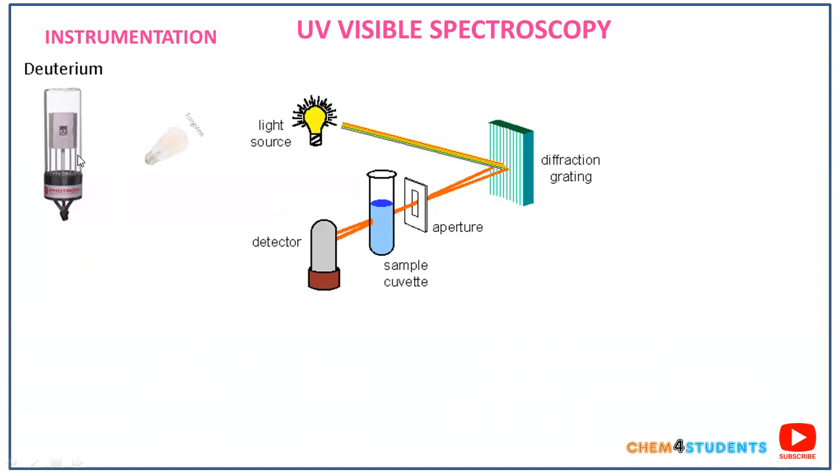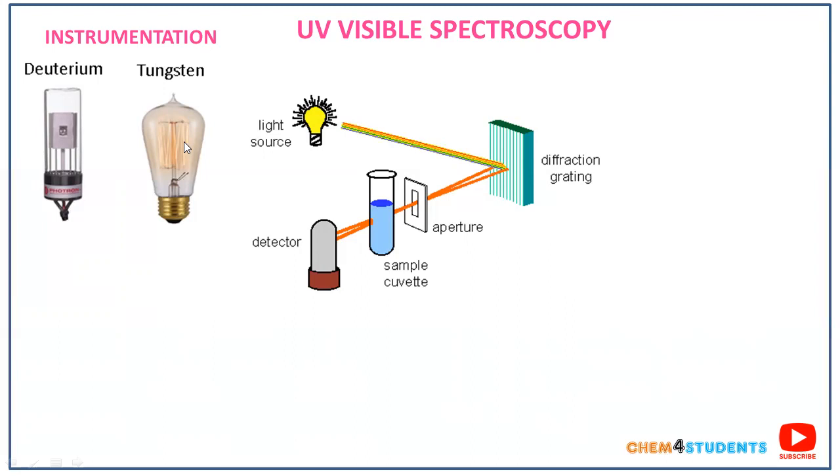We have another important lamp called the tungsten lamp. This tungsten lamp is also called the visible lamp, which produces 400 to 800 nanometers. It has a vacuum inside, and tungsten filaments are present. This lamp produces sufficient energy for exciting the electrons present in the sample solution.